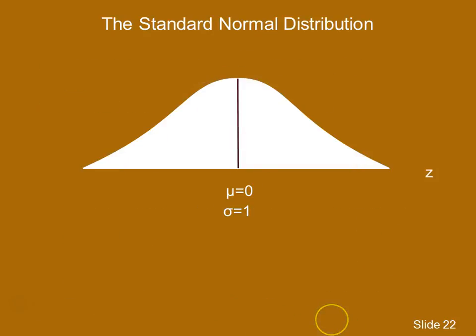This is just a picture of the standard normal distribution. As I said, it's just a normal curve that sits on a mean of 0, and it has a standard deviation of 1 unit. Every 1 unit represents a standard deviation. Notice, of course, if the mean is 0, half the probability is above the mean and half is below the mean.